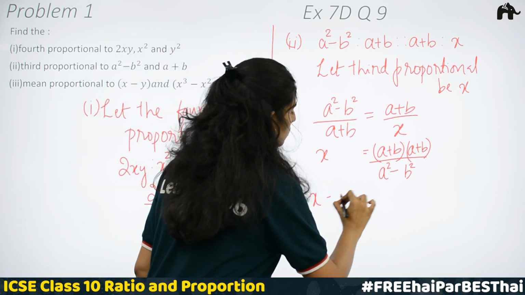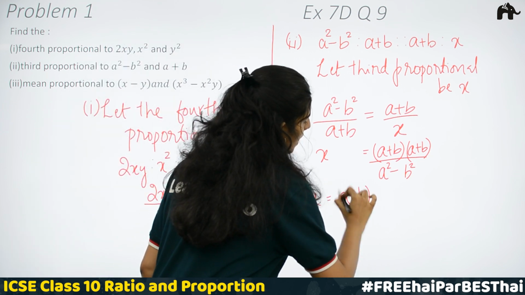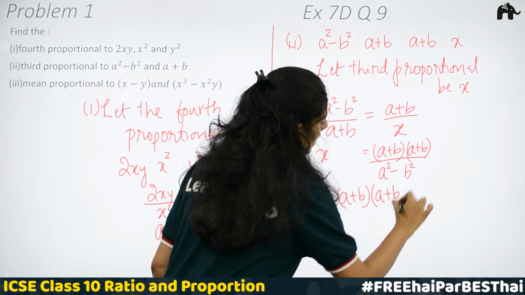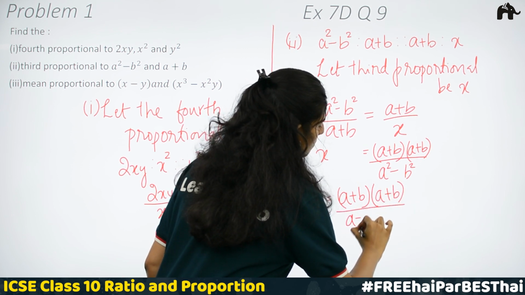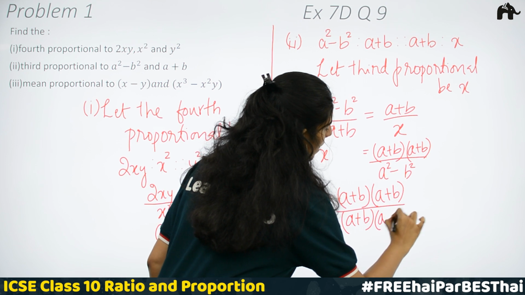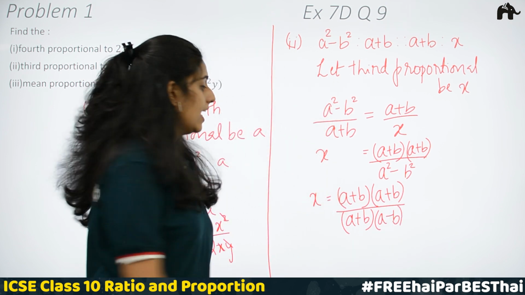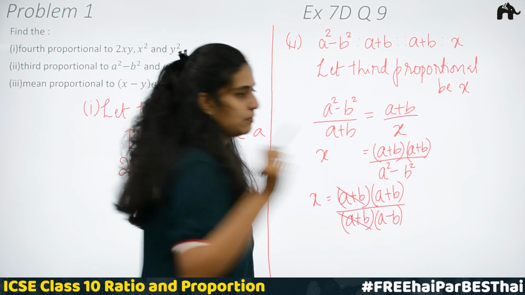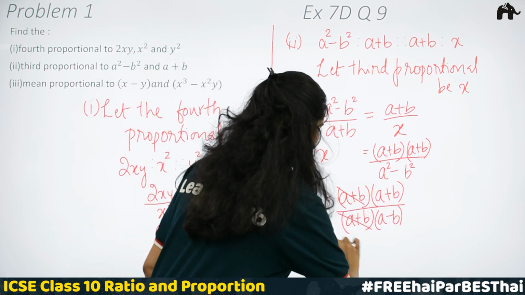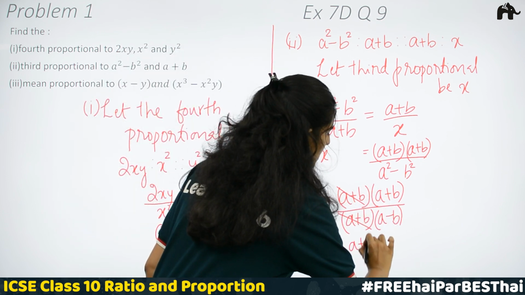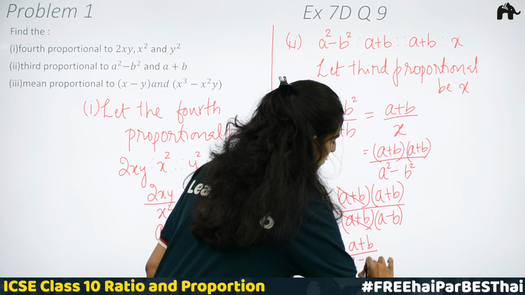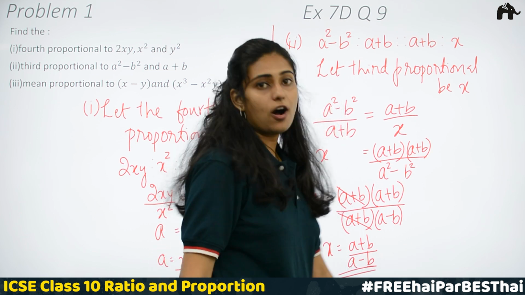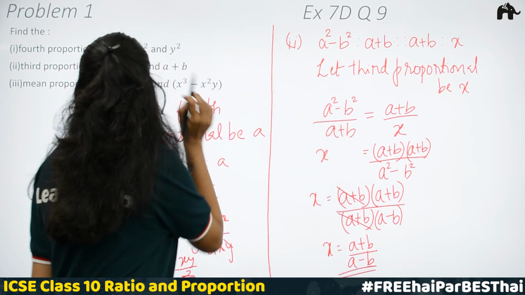Therefore, x is equal to a plus b into a plus b divided by a plus b into a minus b. Okay, a plus b and a plus b can be cancelled. We will be having x is equal to a plus b divided by a minus b. This is the value of the third proportional in the second question.